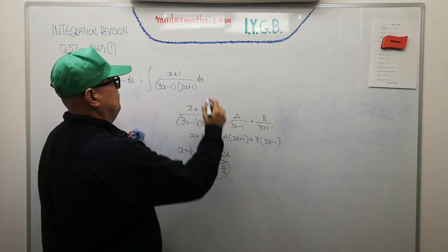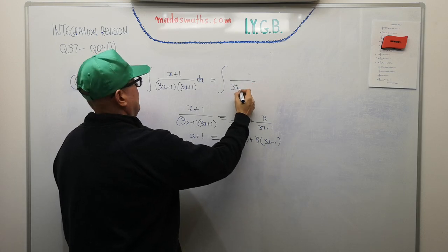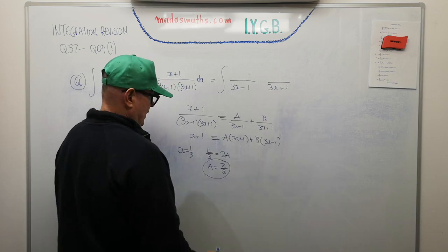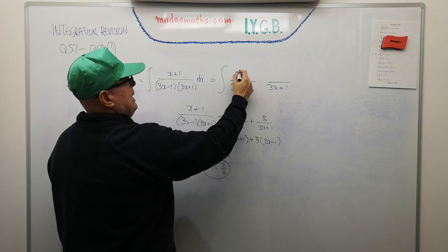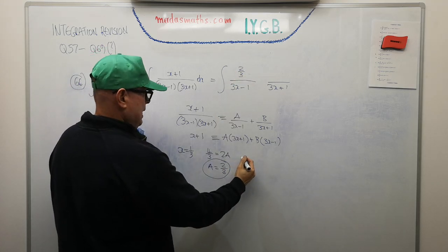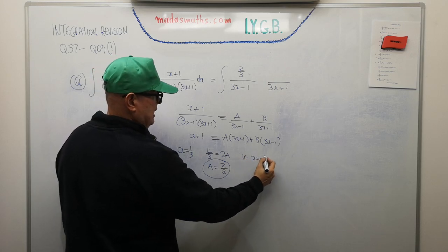So let me just write up here: we got the 3x minus 1 and something over 3x plus 1, and the A is the bit above the 3x minus 1, and it came out to be 2 thirds.